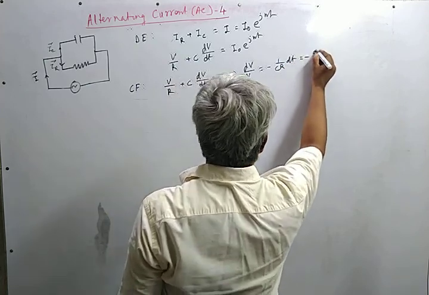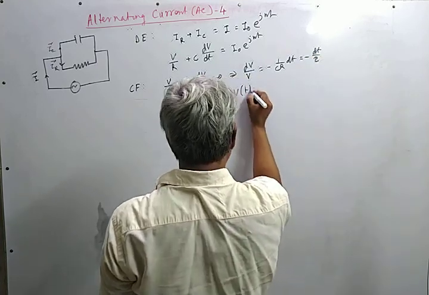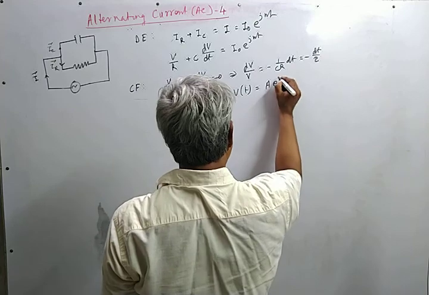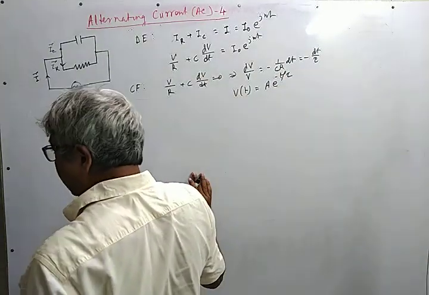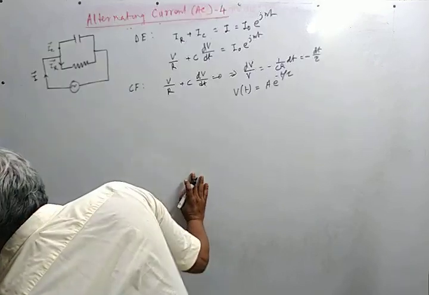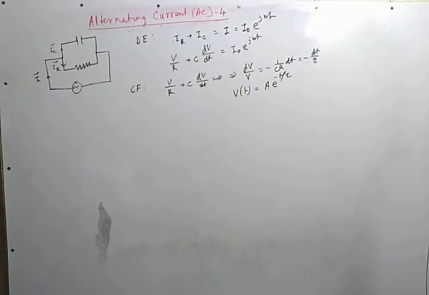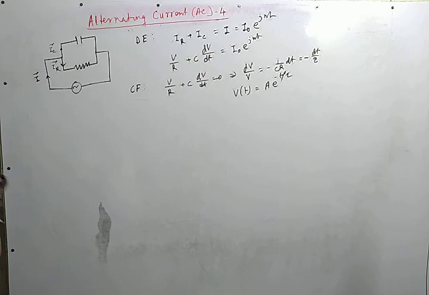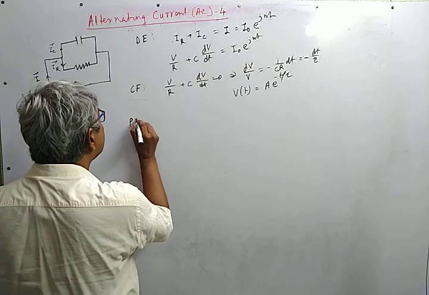This is minus dt by tau. So V as a function of t is some constant times e to the power minus t by tau. So again, for the parallel combination too, the complementary function dies exponentially with the same time constant. This is very important.